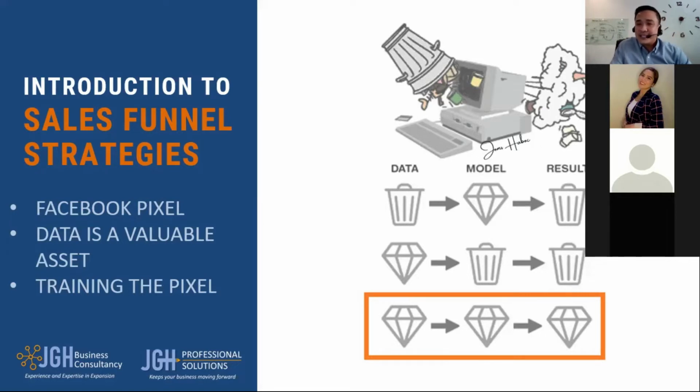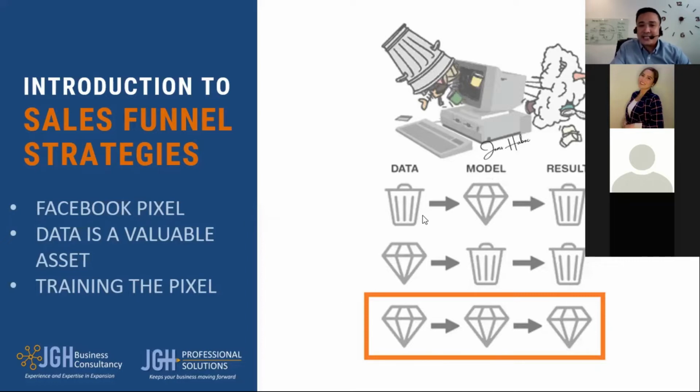So the model is, this is the data, this is the platform, and this is the result. So if your data is not relevant, even if you have a good, well-structured platform, the result is still not relevant. Junk pa rin yan. Kasi good platform, nag-feed tayo ng not relevant information.